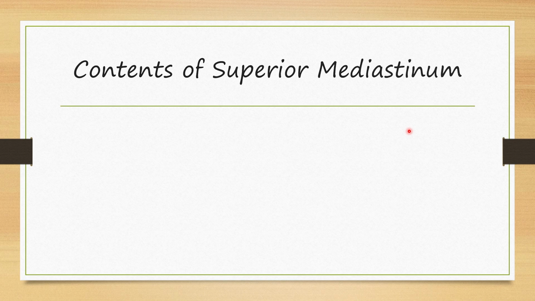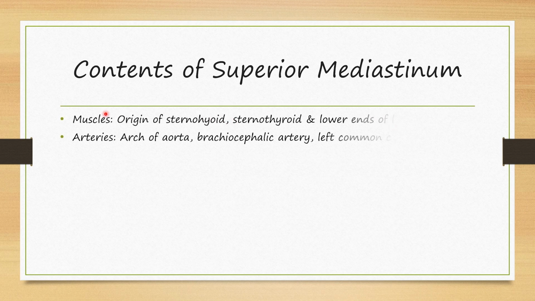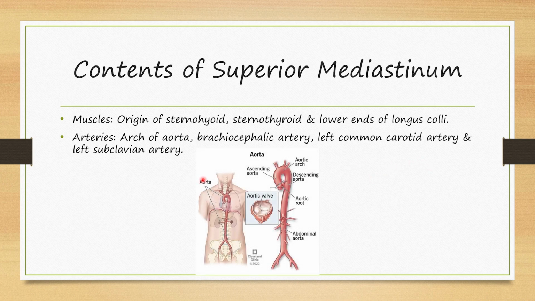What are the contents of the superior mediastinum? What is inside? First of all, we have muscles: the origin of the sternohyoid, sternothyroid, and lower ends of longus colli. These muscles are all in the neck. There are arteries: the arch of the aorta, brachiocephalic artery, left common carotid artery, and left subclavian artery.